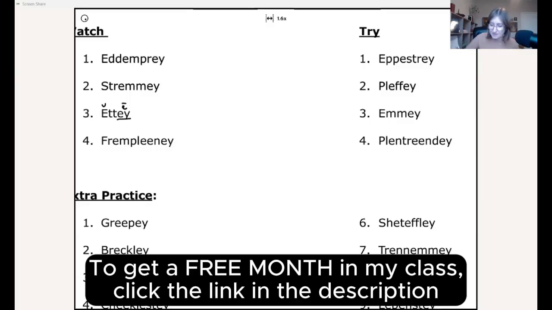So we know that this E is going to make its short sound eh. This EY is our reading rule for the day. EY says E. Our sounds are eh, t, E. Etty. Etty. Now just for fun, what would that word have said with only one T? Now this E has another vowel 2 doors away, so it has to say its long sound. E-T. E-T.